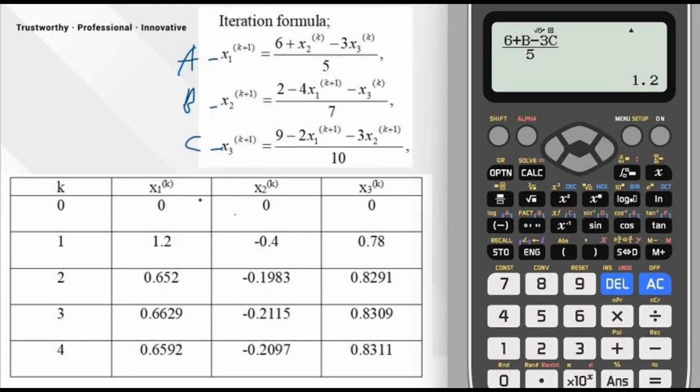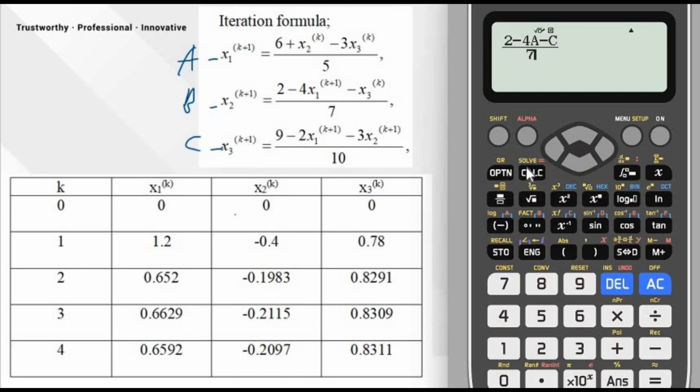And then for x2, we insert the other formula, which is 2, refer to this one, negative 4 x1, where x1 is alpha A, minus alpha C, divide by 7.